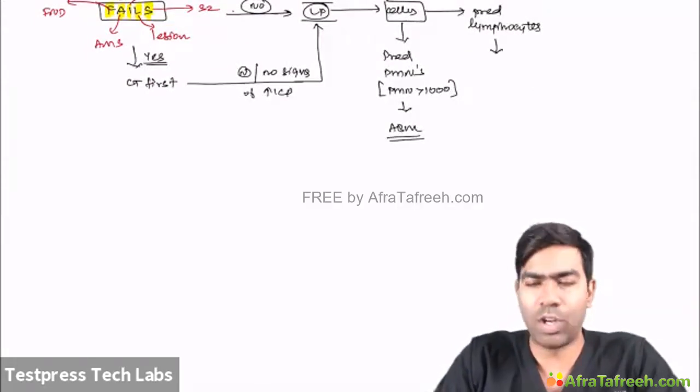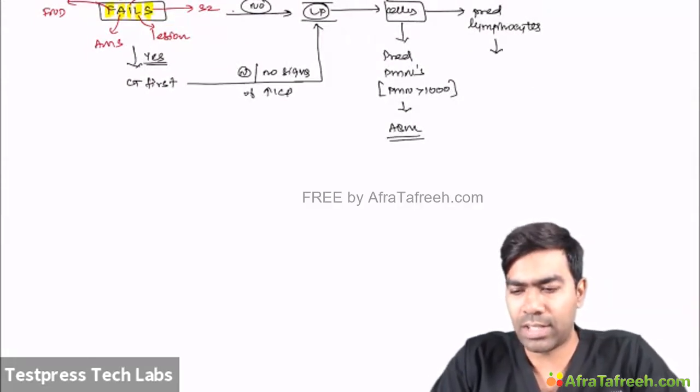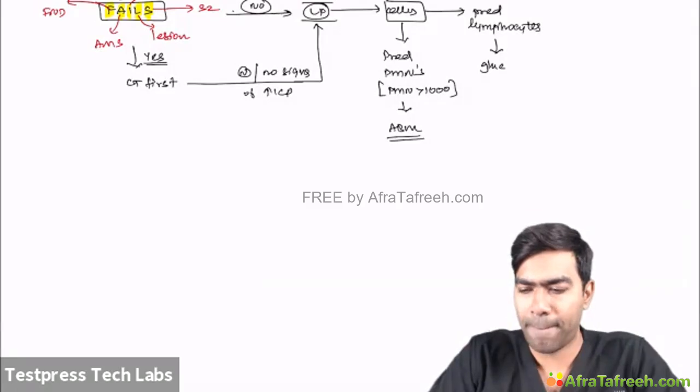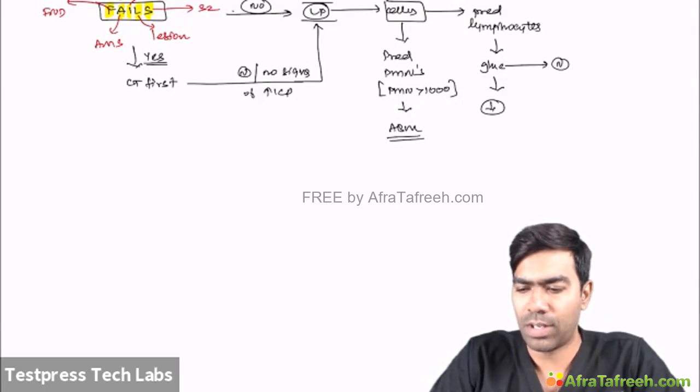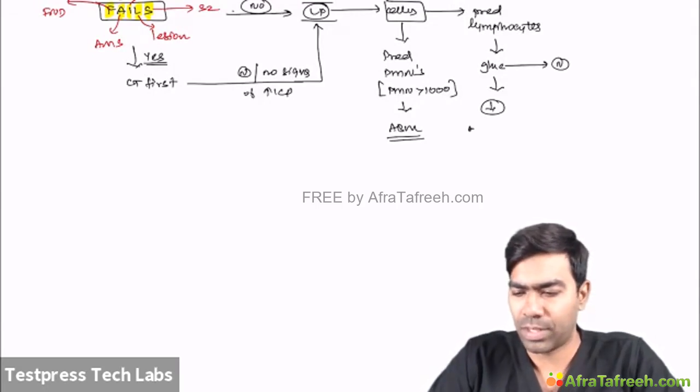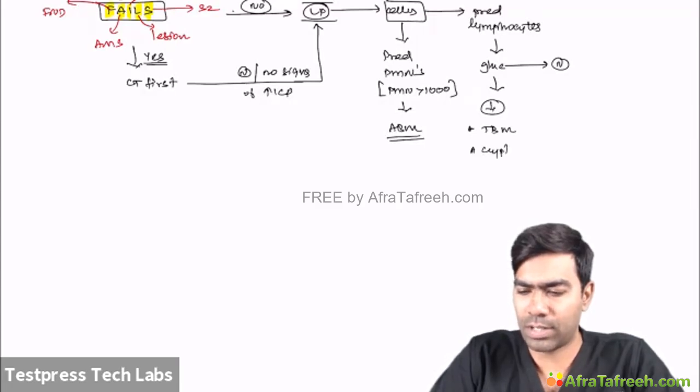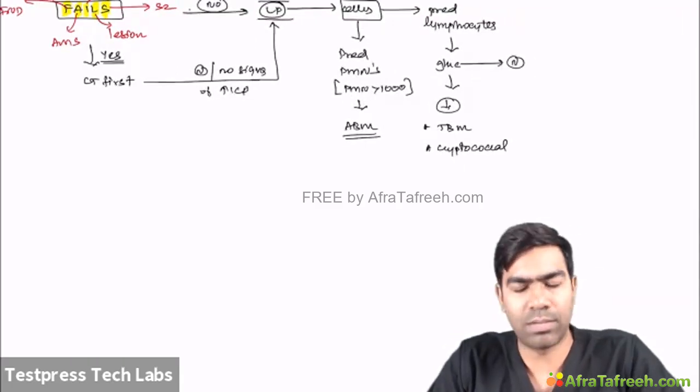If it's predominantly lymphocytes, then in this setting, I need to see the glucose. Glucose may be reduced or glucose may be normal. If glucose is reduced, I have two possibilities now. Either it could be a TB meningitis or it could be a cryptococcal meningitis. In both these settings, my glucose will be low only.